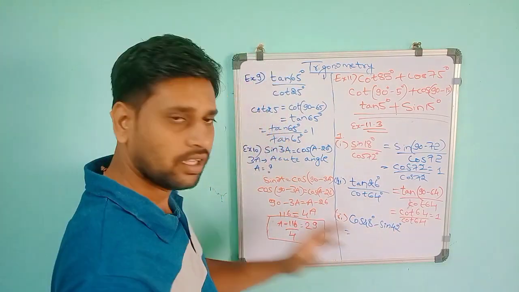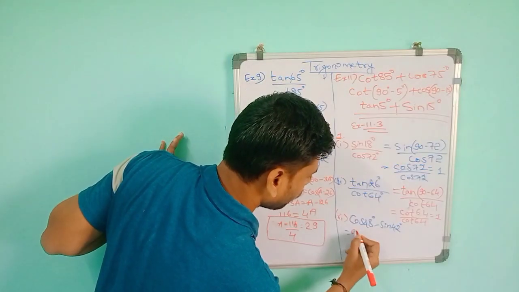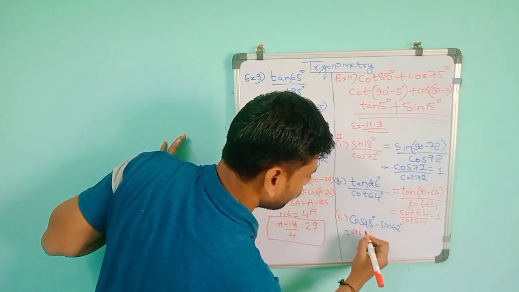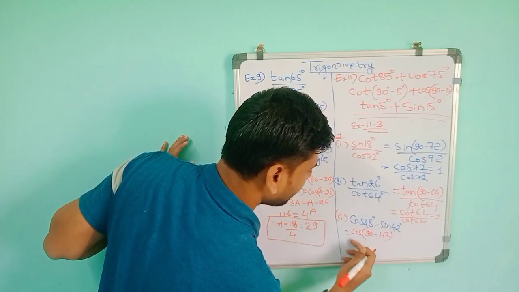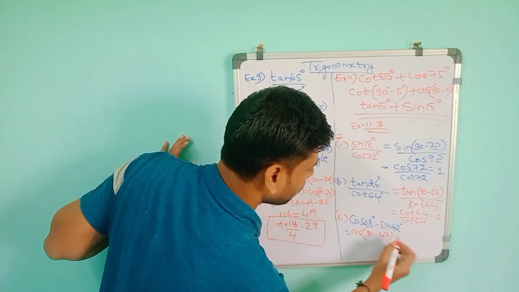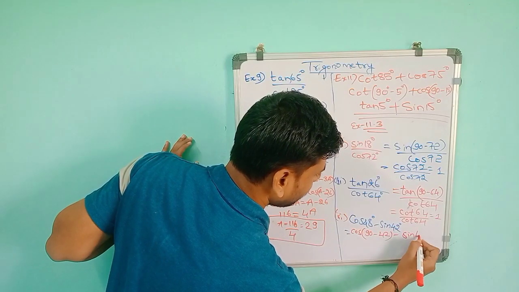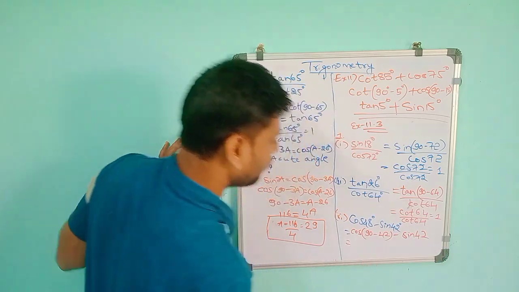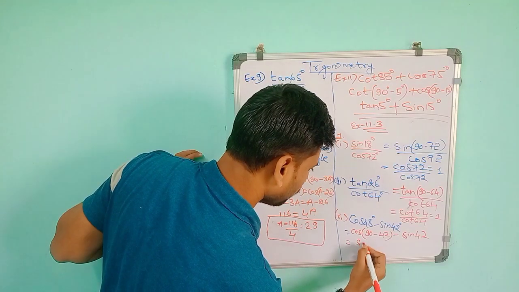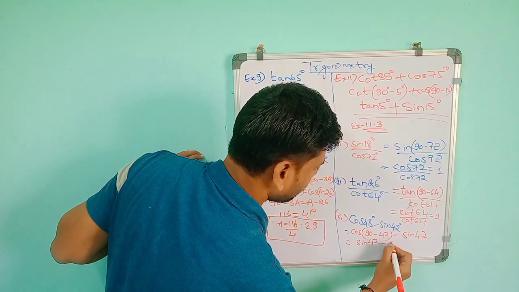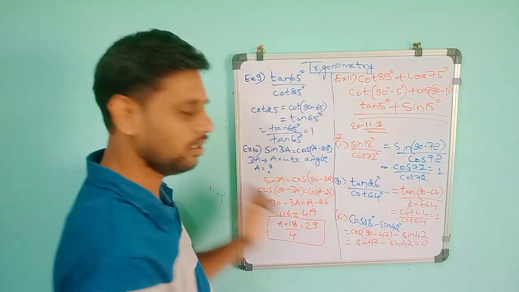So we can apply the 90 degree rule for this one. Among the two we have to change only one. Cos of 90 minus 42. So I wrote the cos value in terms of 90. So 90 minus 42 is 48. So cos 48 minus sin 42. In terms of cos of 90 minus theta, it will be changed to sin. So sin 42 minus sin 42 is nothing but 0. The answer will be 0.